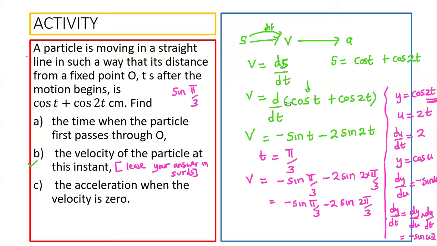I'm trying, I'm not sure though. When we use negative 1, it's like the opposite direction. I'm thinking at the time when the particle passes through O it is positive.